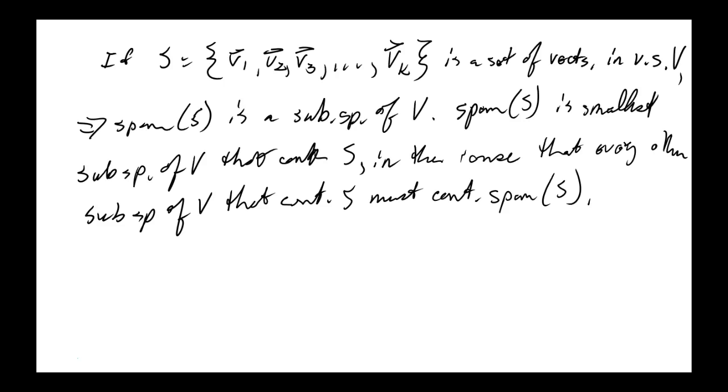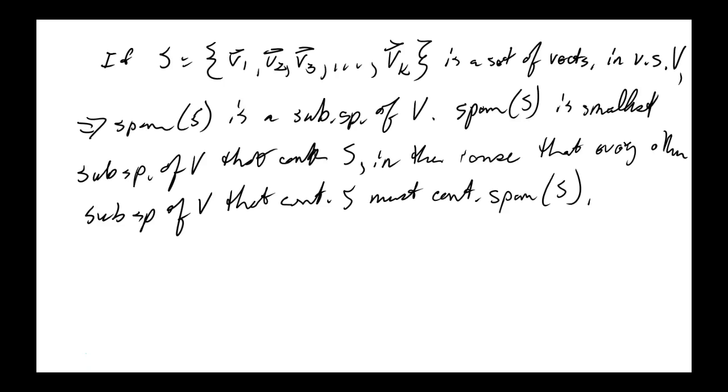But say here we have a set S with k vectors in it. It's a set of vectors in the vector space V. Its span is a subspace of V. We talked about that because it would contain the zero vector, and all the rules work for it. So yes, the span of S is the smallest subspace of V that contains S.